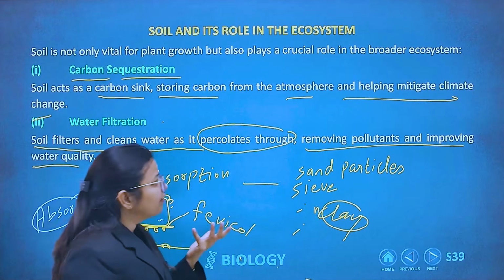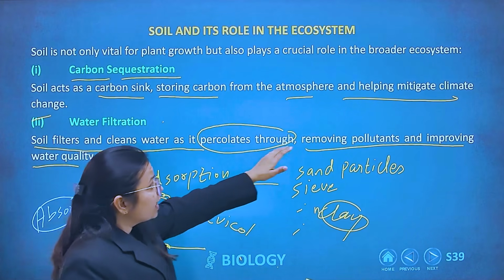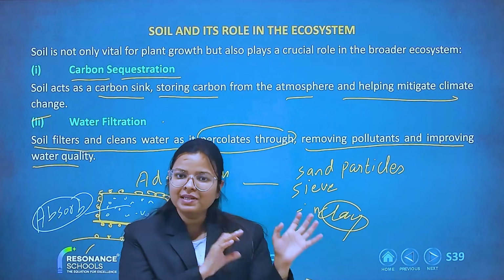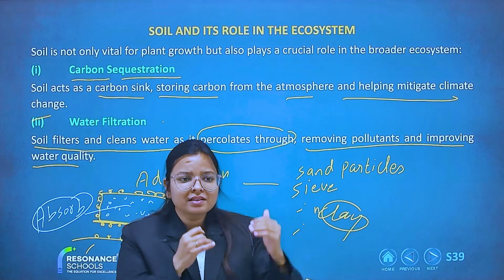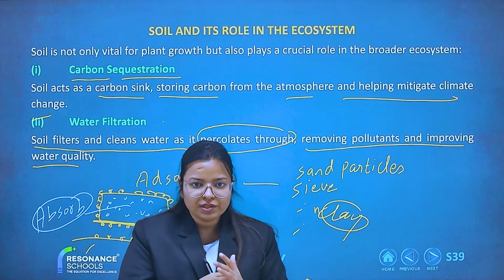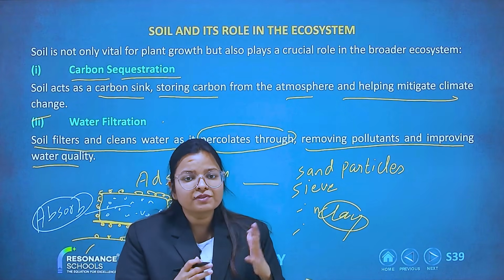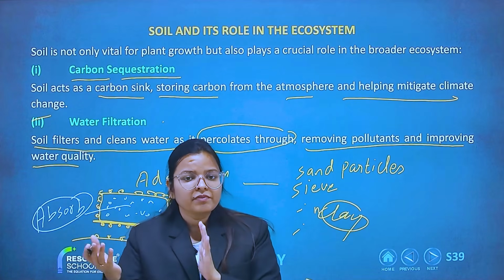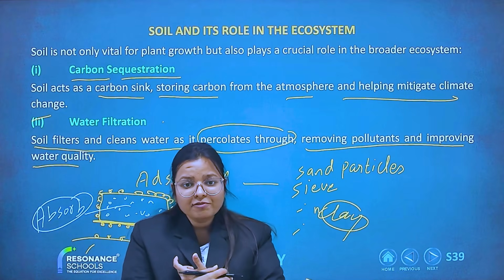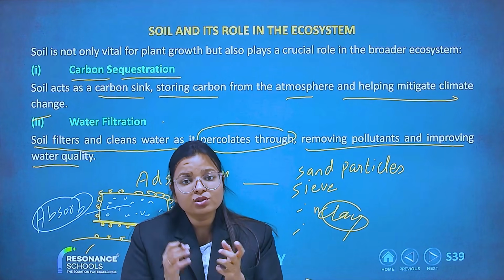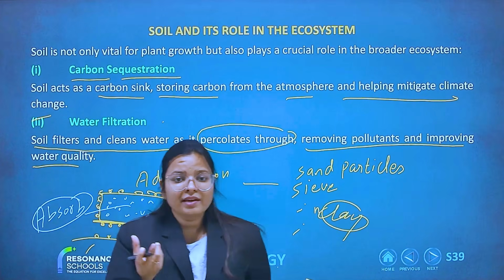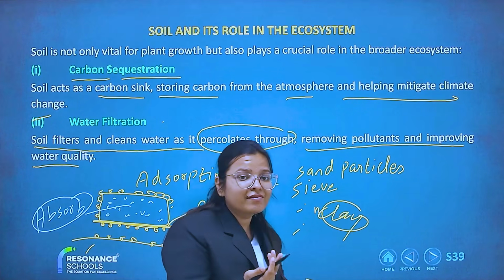So CO2 level will be less. So it is helping mitigate climate change, meaning whatever bad climate change is happening, it is making it less painful or less harmful. We have a bad effect on the environment because of CO2. So if soil is conserving or storing CO2 or carbon, we can say that it is helping the environment.